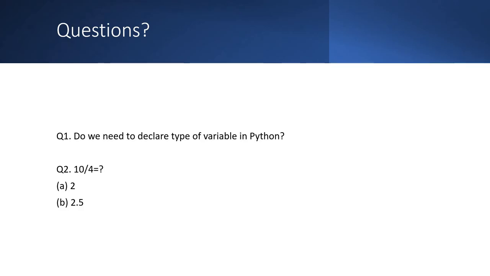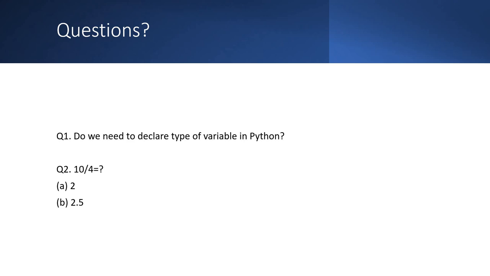So we have a simple question for you. If you attended the last webinar, I hope you will be familiar with these questions and can answer easily. The first question is that in C and C++, we need to declare a variable. If you want to make a variable integer, then we write int, then the variable name. But in Python, do we need to declare the type of a variable?